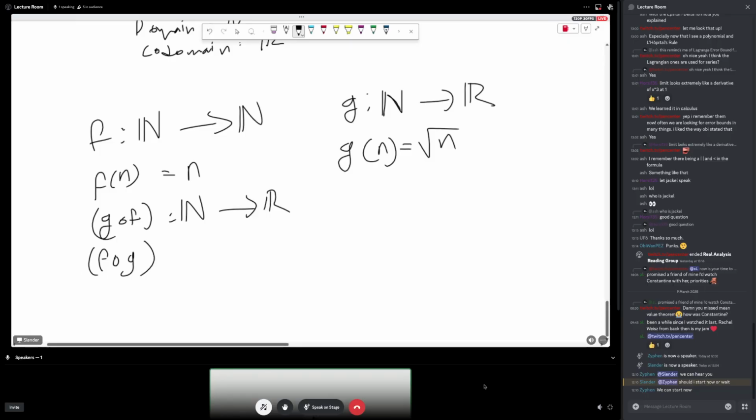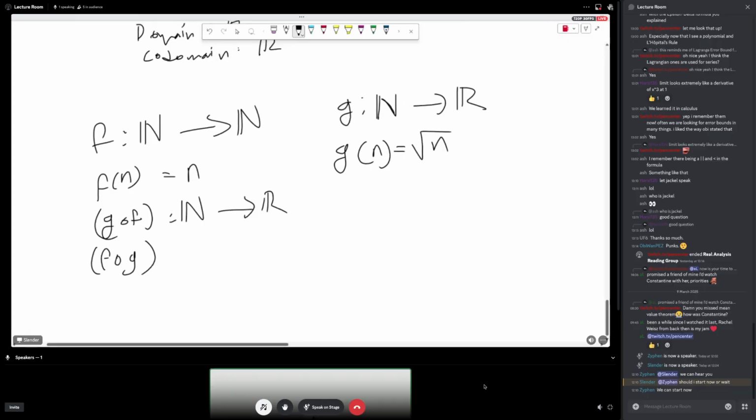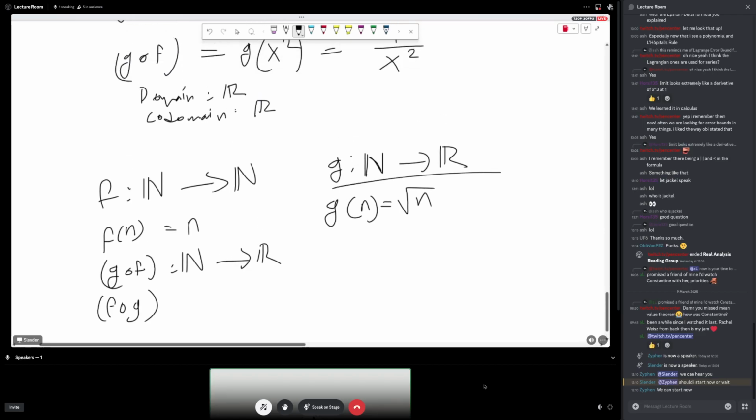If we take g first and then f, it won't work, because in the codomain of g we have the real numbers, and in the domain of f we only have the natural numbers, so it won't work.